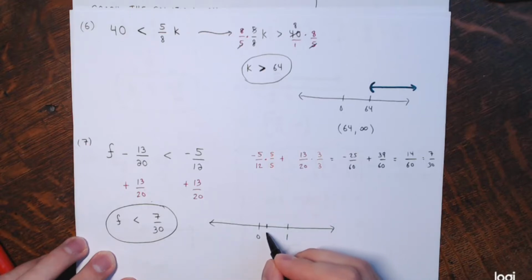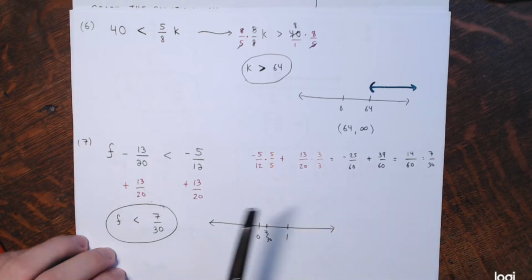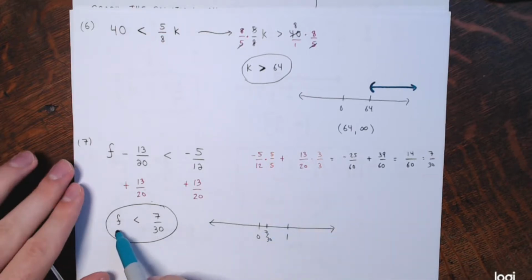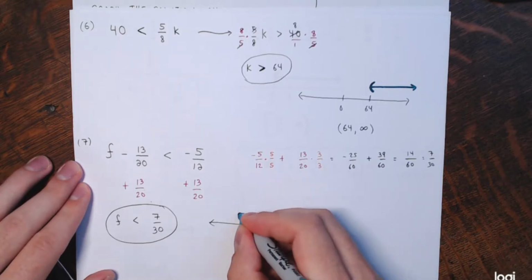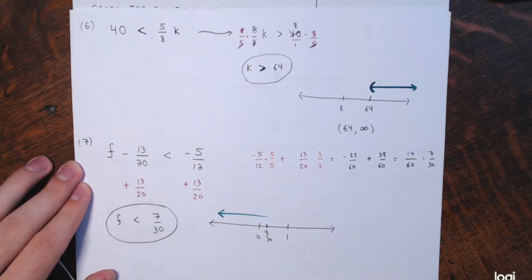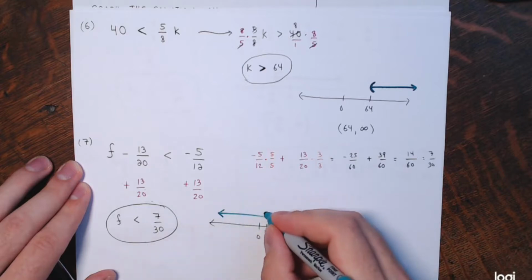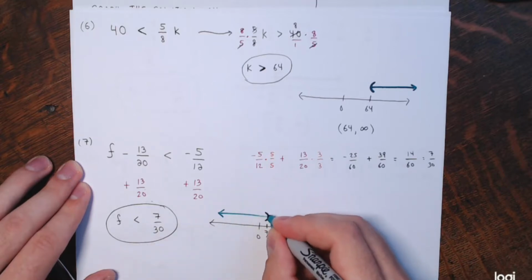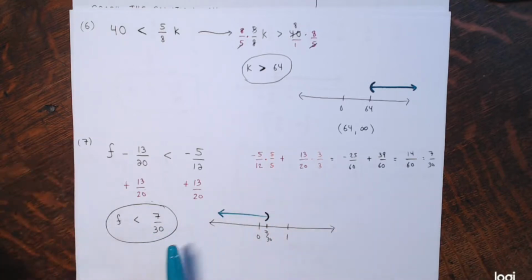So here's 7/30, closer to 0 than it is to 1. And the solutions are all the numbers less than 7/30, right? So all these numbers to the left of 7/30. And not including 7/30, right? So a parenthesis or an open point on the 7/30 there.